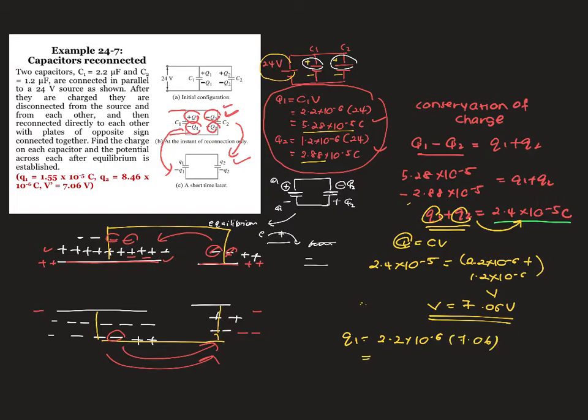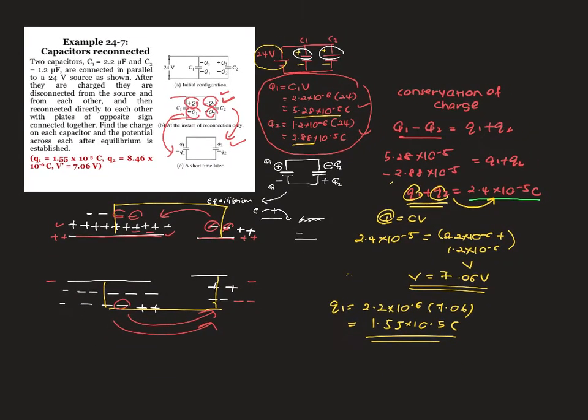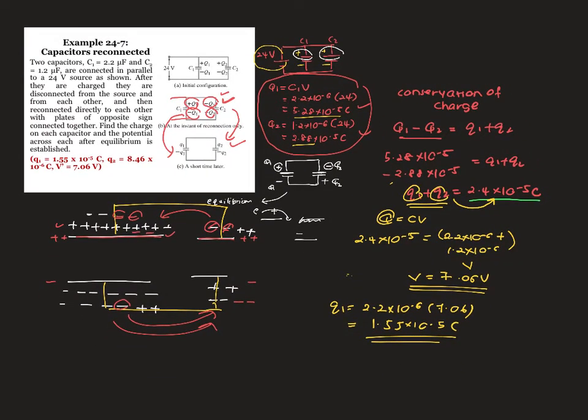So for Q1, the charge that is going to stay there is 1.55 × 10^-5 coulomb. And what about Q2? You can just use Q equals CV, or you can use 2.4 because this is the total charge, which means 2.4 × 10^-5 minus 1.55 × 10^-5.